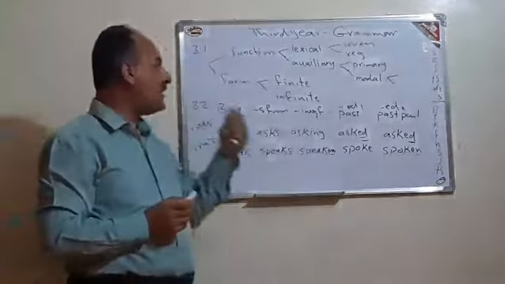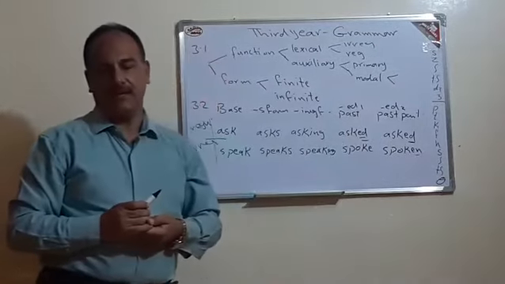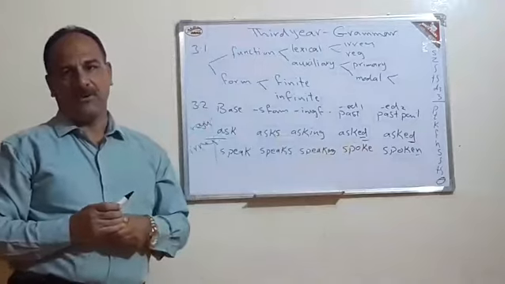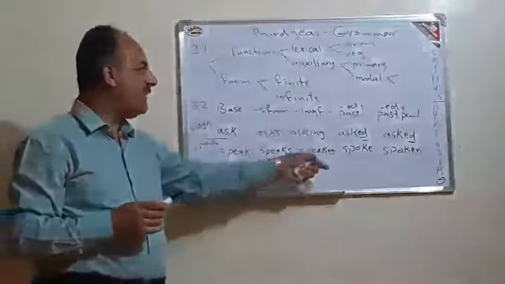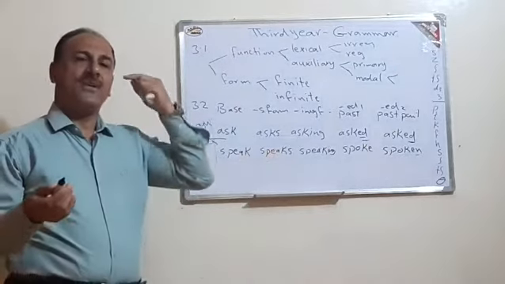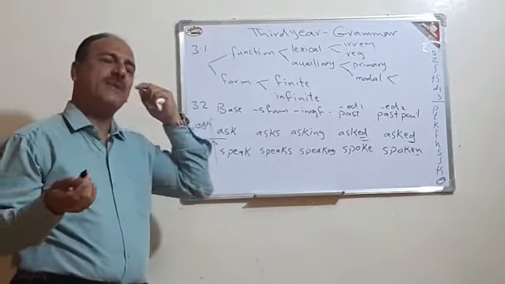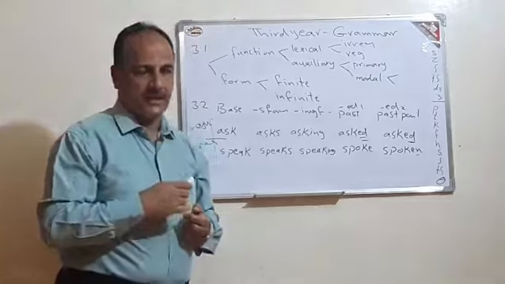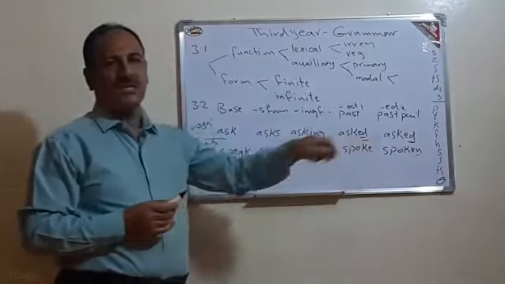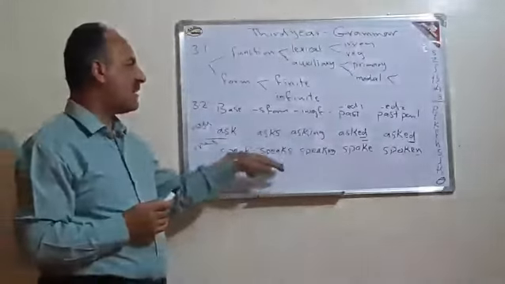Verbs that do not take ed and ed in the past and past participle, but have some change in the verb. We have many changes, sometimes in the middle of the verb, at the end of the verb, a change in the consonants, sometimes a change in the vowel. We'll take these changes in a separate section.